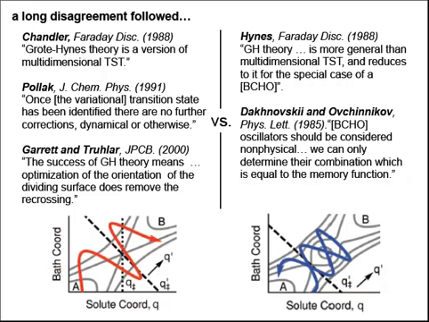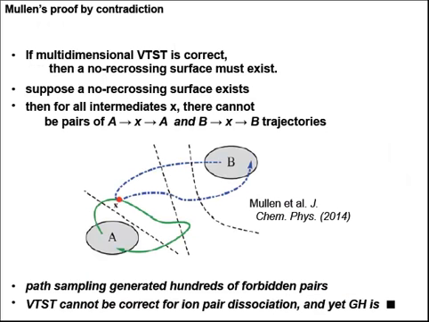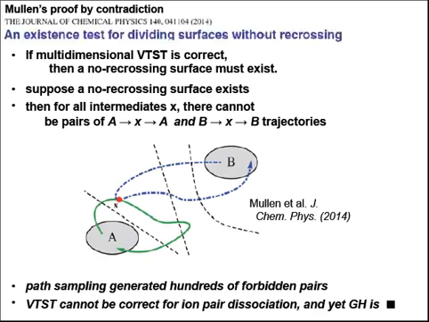So enter the methods that we've developed, and what we did, so actually my student Ryan Mullen came up with this little trick. He said, well, if multidimensional variational transition state theory is actually correct, then it should be possible to find a dividing surface with no recrossing, right?